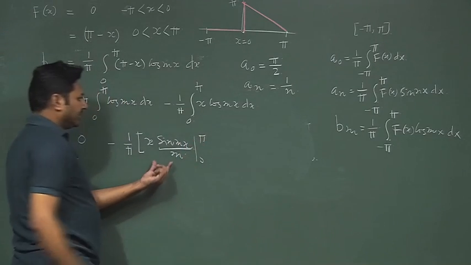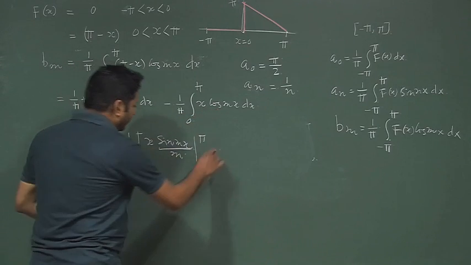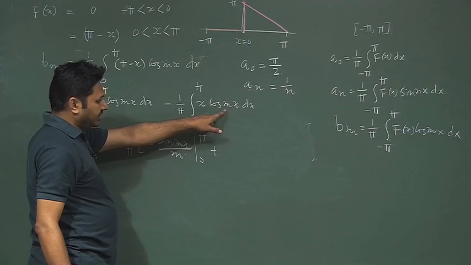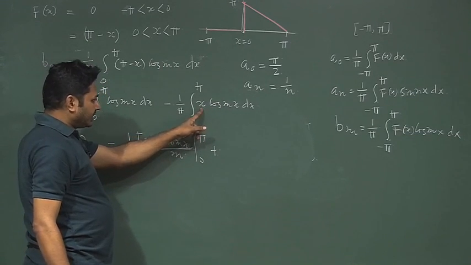This term will cancel out, and then for the next term there will be a plus sign, with the derivative of the first function and the integral of the second twice.